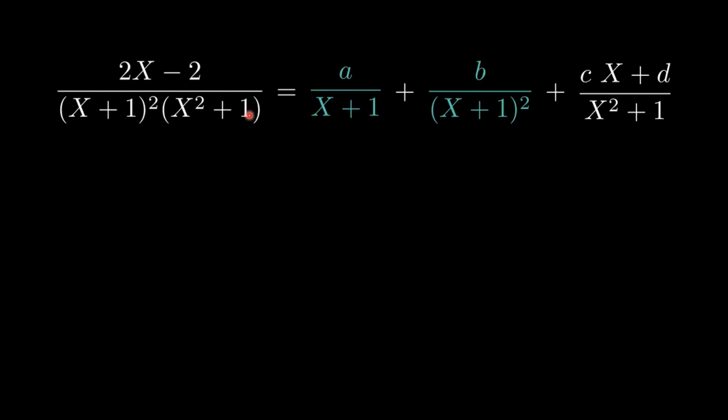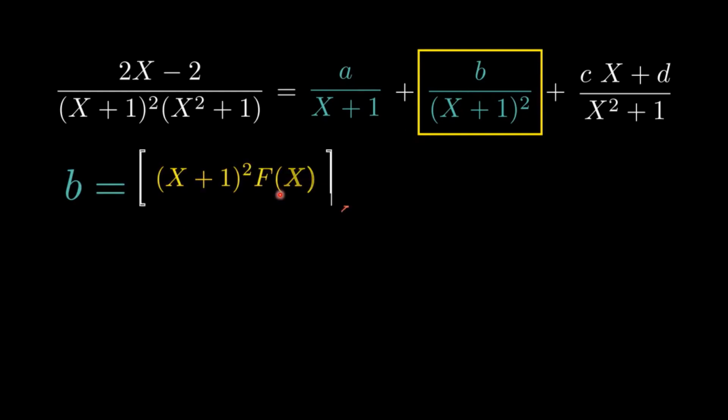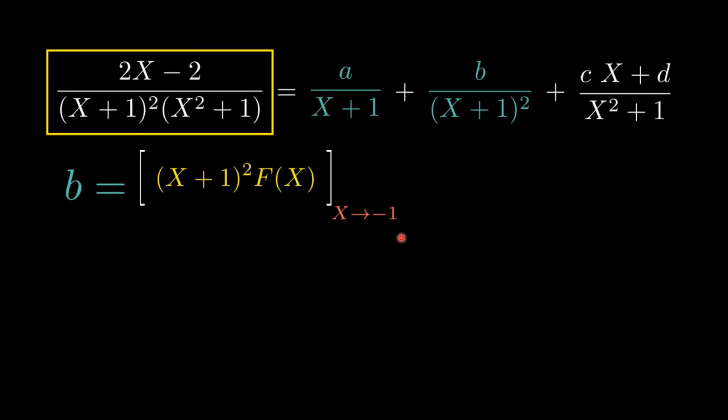Let's summarize. Here we need to find the four constants a, b, c, and d. So for b, we multiply f of x by x plus 1 squared, and we take x equals negative 1. So we get 2 times negative 2 minus 2 over 2 equals negative 2.